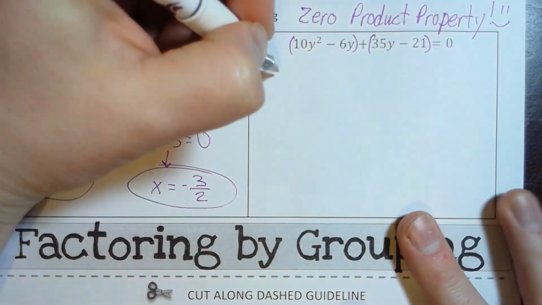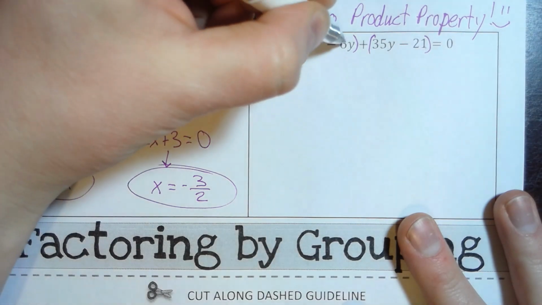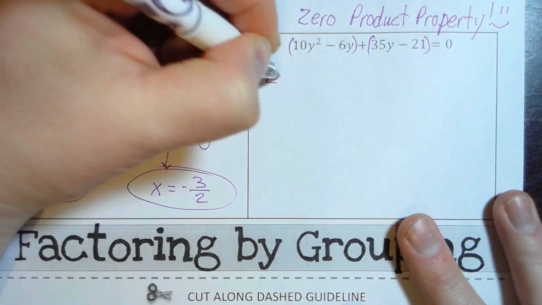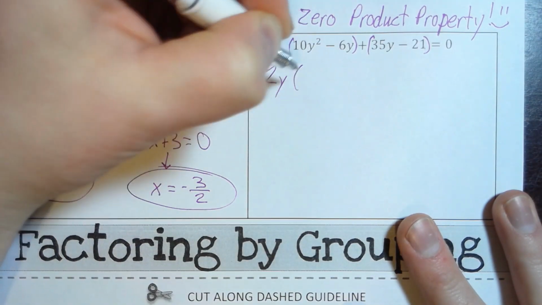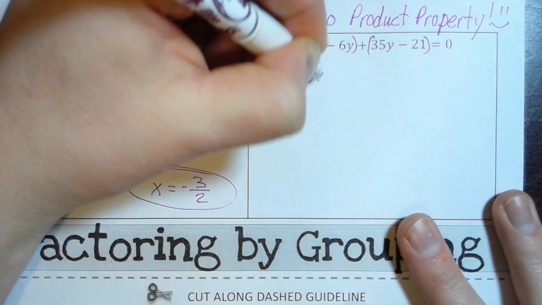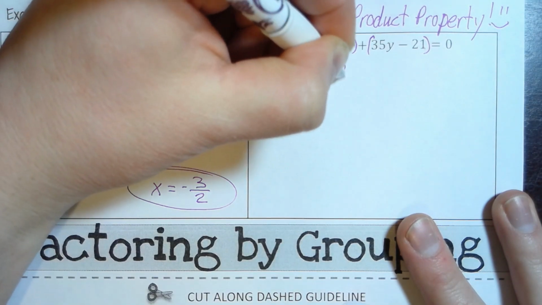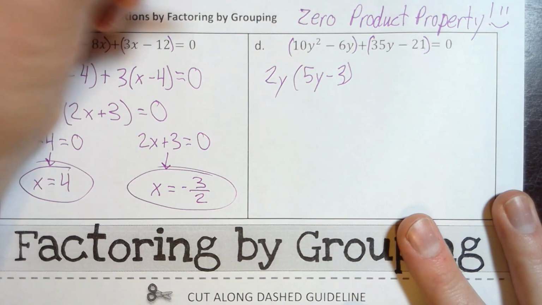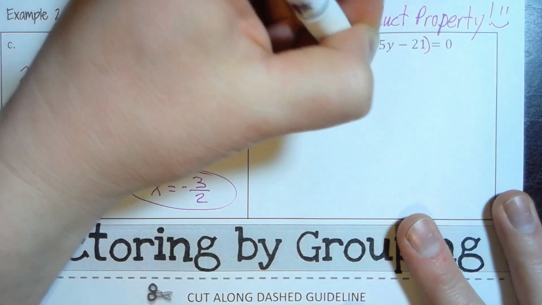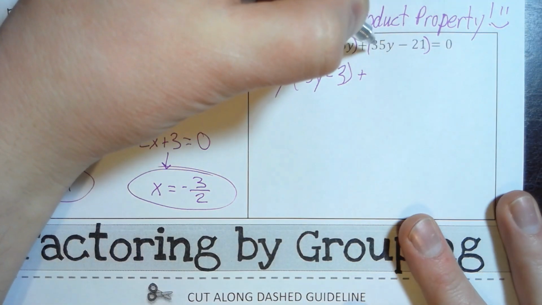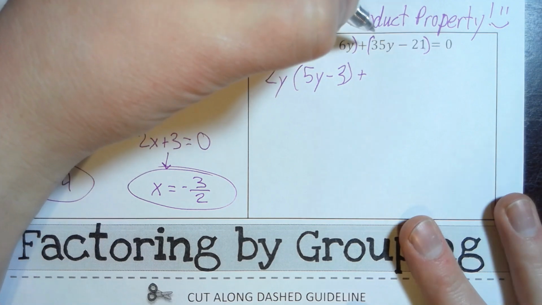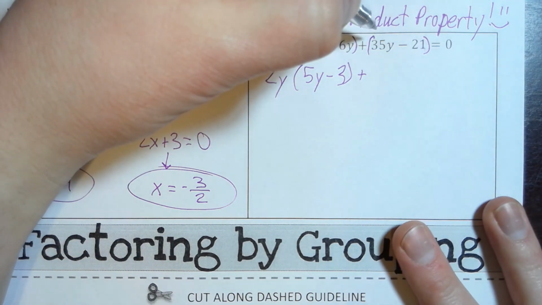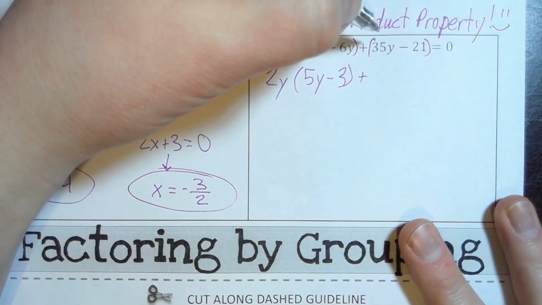Okay, so I see that these are both divisible by 2 and y. So I end up with 5y minus 3. And I see that both of these are divisible by, what are those divisible by? 3, 7.